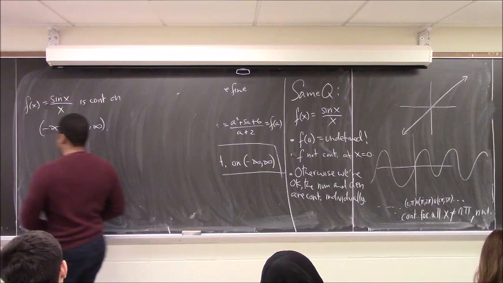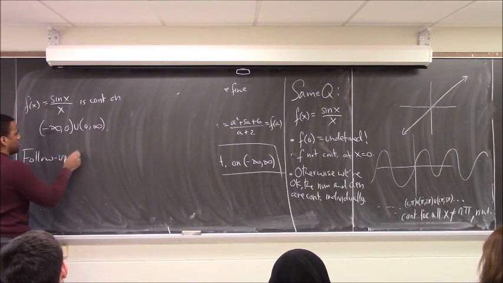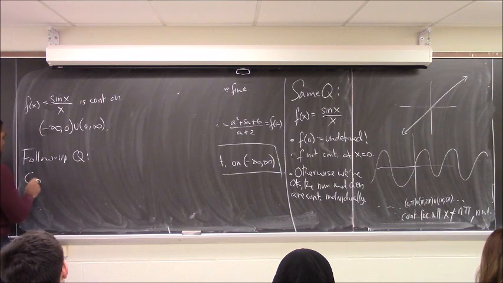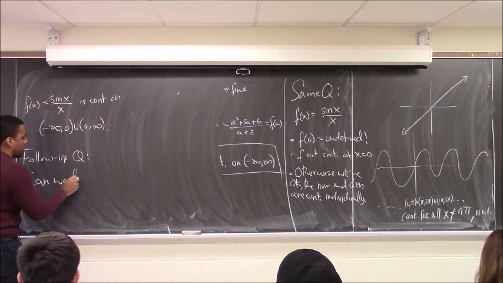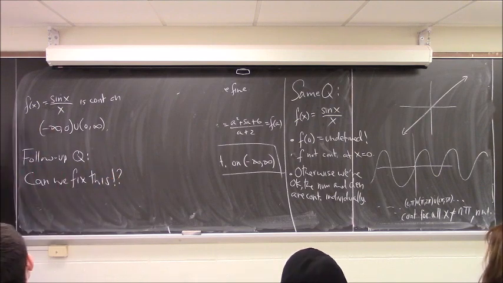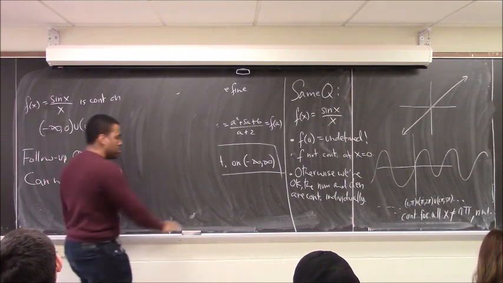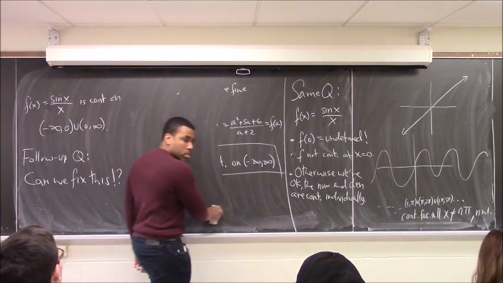Okay, here's a follow-up question. Can we fix this? So here's a function, it's misbehaving somewhere with division by 0.